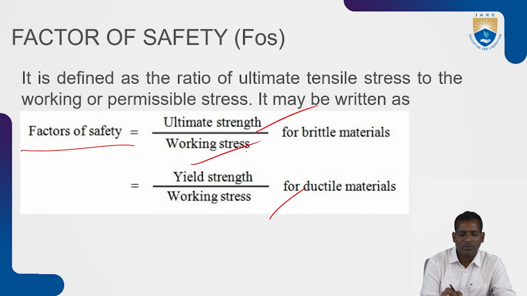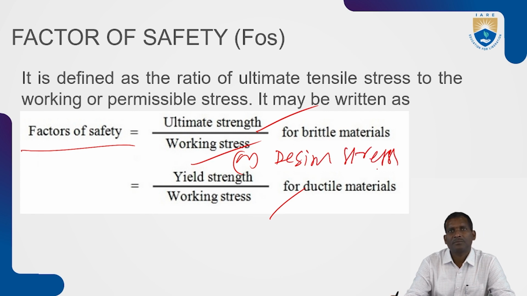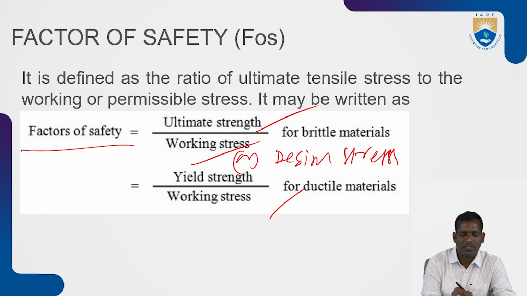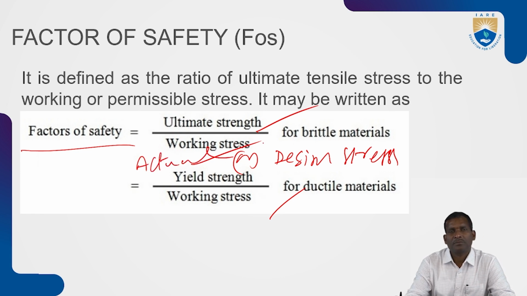The working stress, design stress, or permissible stress, all these are the same. So factor of safety is the ratio of maximum stress to actual stress.